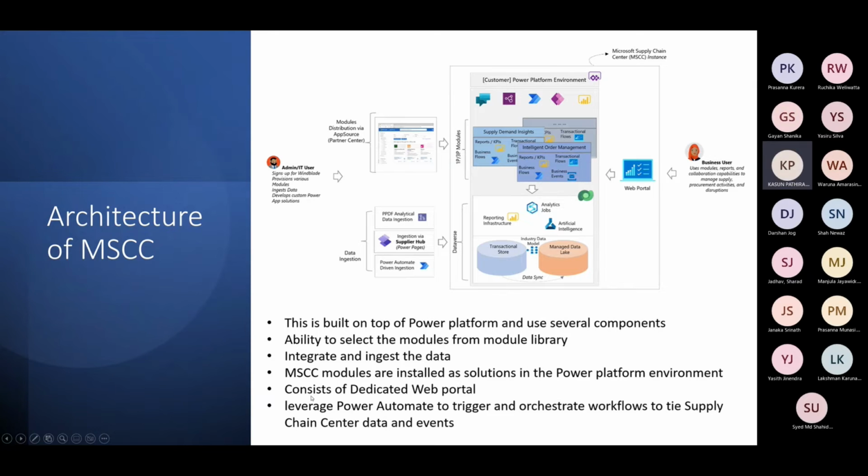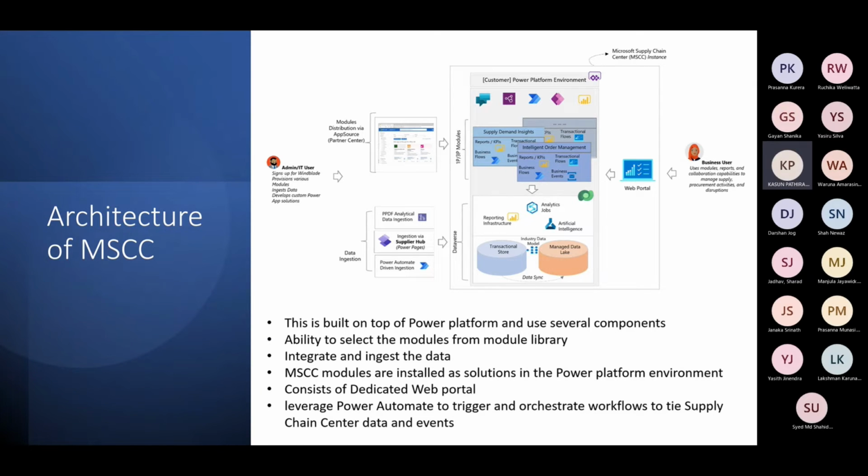Once you run a trial, behind the scenes it will create a Power Platform environment, and we can see that once we go into the demo later on. It also consists of a dedicated web portal, the one we were talking about earlier on Power Pages.